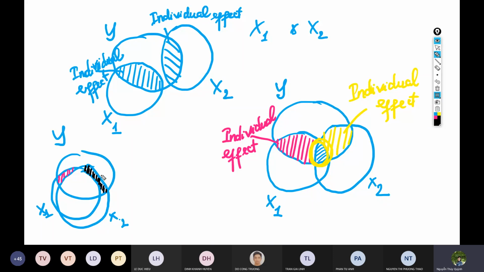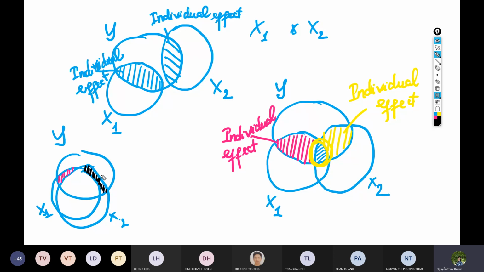So in that case, because the individual effect of the independent variables on the dependent variable is not significant, we say that there is no individual effect of x1 on y, or that there is no individual effect of x2 on y, for the case when the individual effect is too small and insignificant.